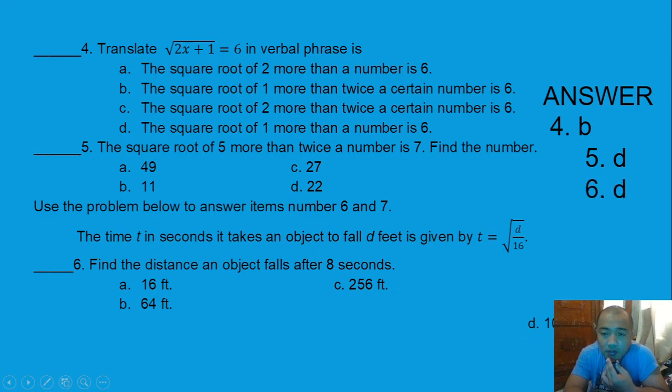The answer is D, 1024 feet. Just substitute 8 seconds here. Square it: the square root of d over 16 equals 8, so d equals 64 times 16.